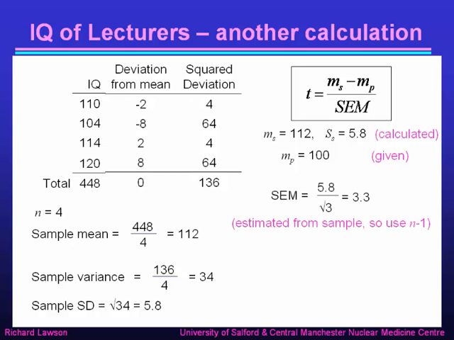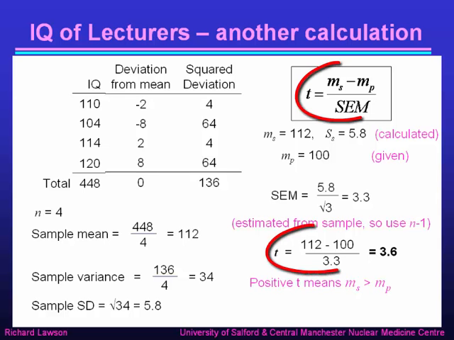The standard error of the mean is the sample standard deviation, 5.8, divided by root n minus 1, which is root 3. So that comes to 3.3. Notice that we used n minus 1, root 3, rather than root n, because we are estimating the standard error of the mean from the sample, rather than knowing it from the population.